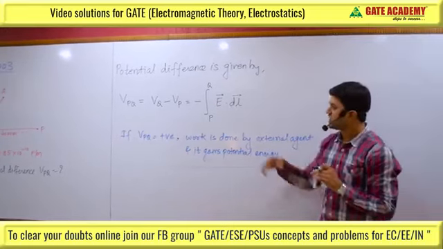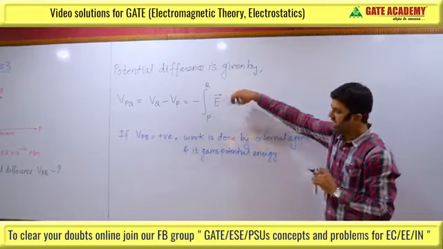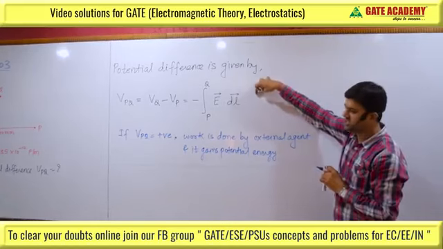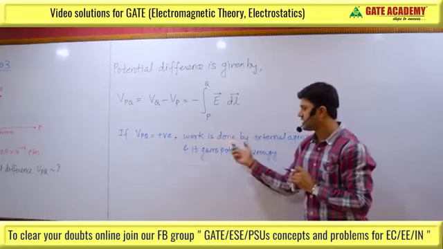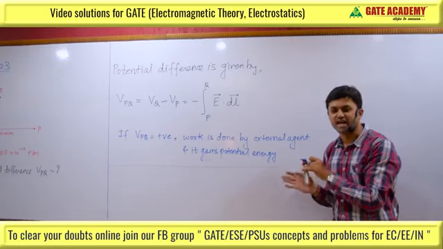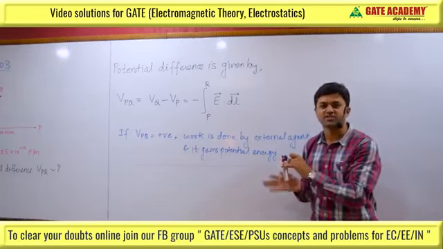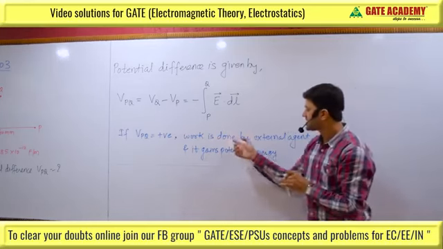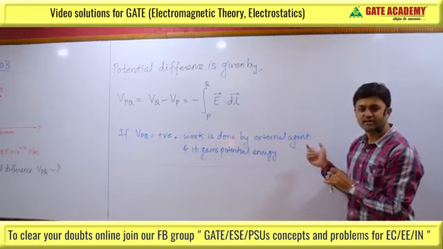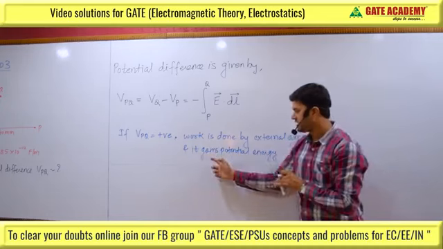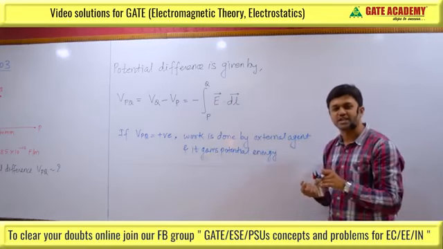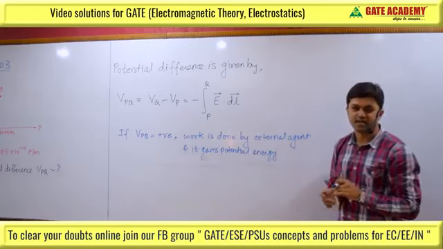If we solve this equation and if VPQ comes positive, it means that work is done to move the charge from P to Q. Work to move the point charge from P to Q is done by some external agent, and the charge gains the potential energy of that external agent.